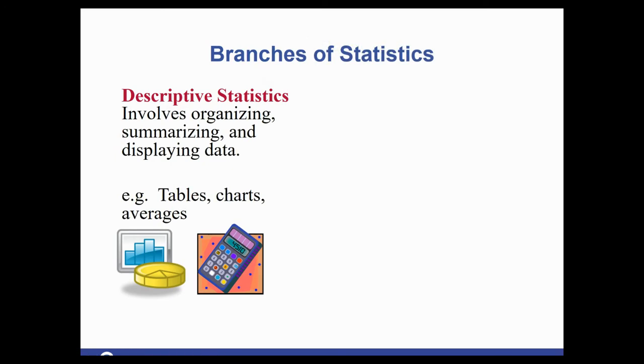So we have different branches of statistics. We've got descriptive statistics, which involves the organizing, the summarizing, and displaying of data. So that's typically what you think of when you're looking at percentages, tables, charts, averages, things that are quickly summarized into a single number or a range of numbers.